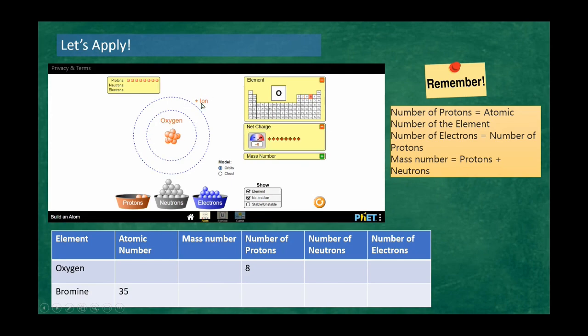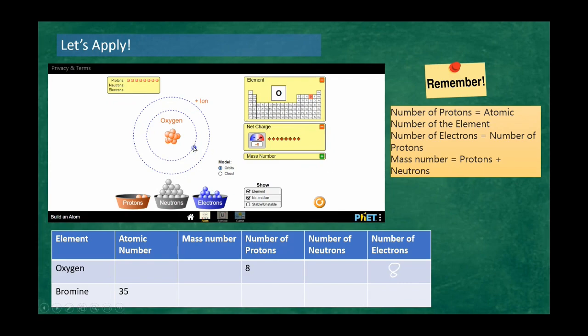Why does it have an ionic charge? Teacher, you said it is a neutral atom because we did not put the electrons. So when we put the electrons, remember that for oxygen, protons are equal to electrons. So when we write it down, we have 8 electrons.